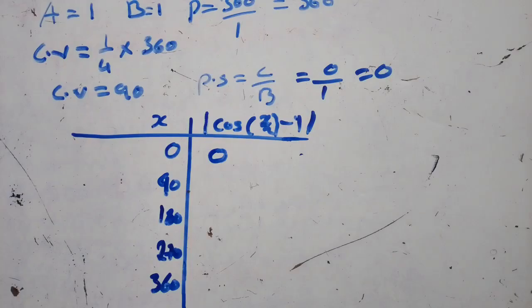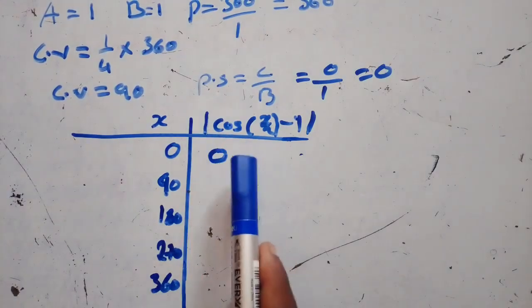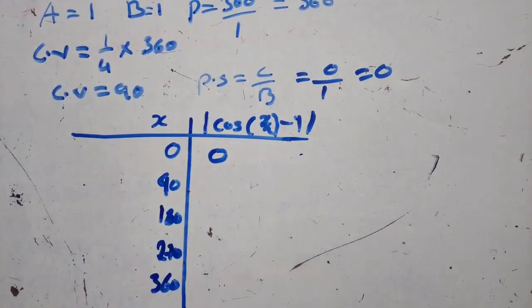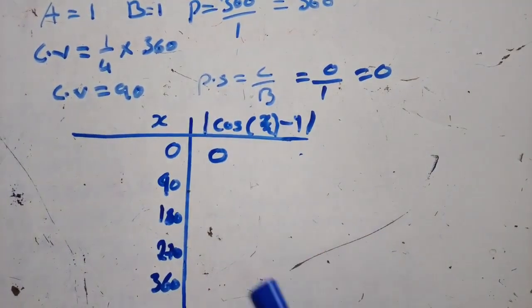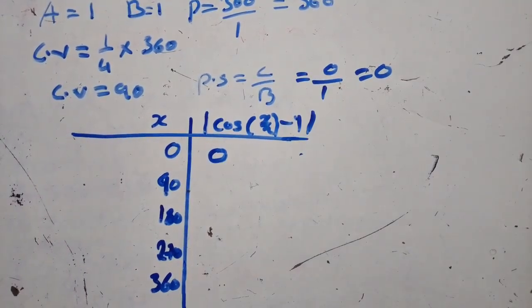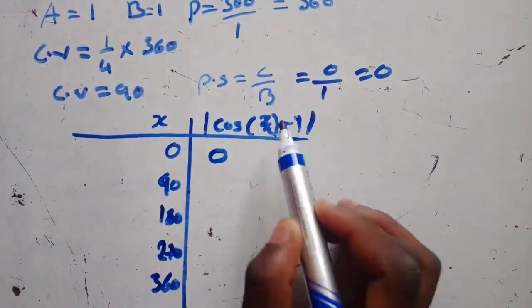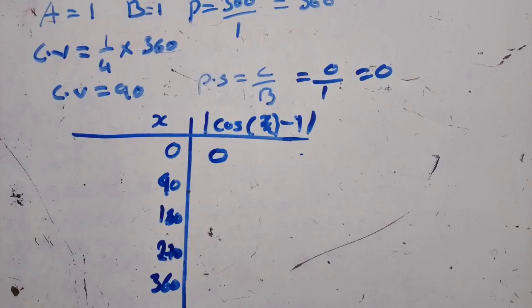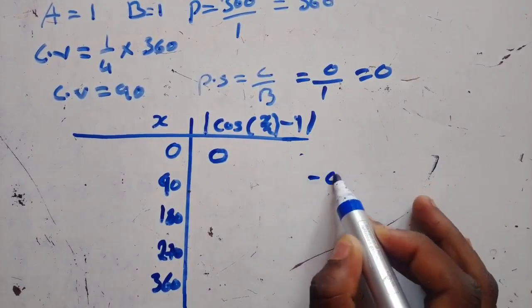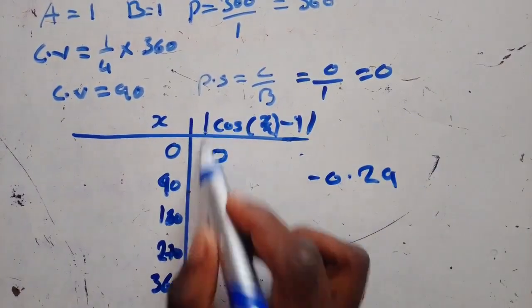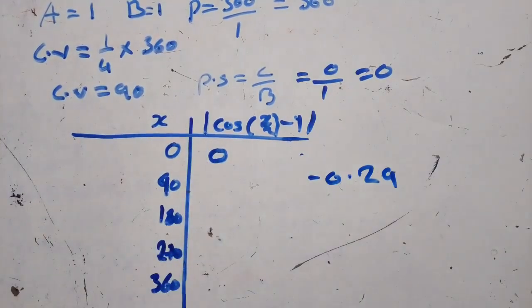Then you proceed to another point. Cos 90, where there's x you put 90, so 90 divided by 2, hence we're going to have cos 45 minus 1. This will give you negative 0.29. Remember, this is a modulus, and a modulus has no negative values.